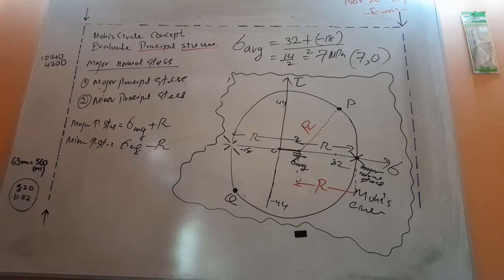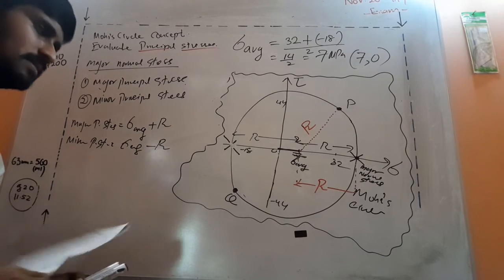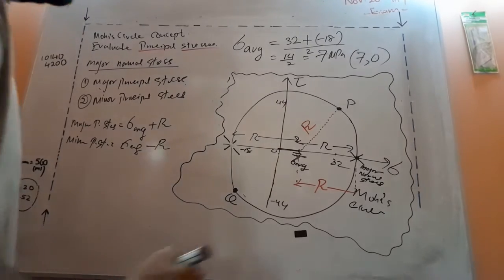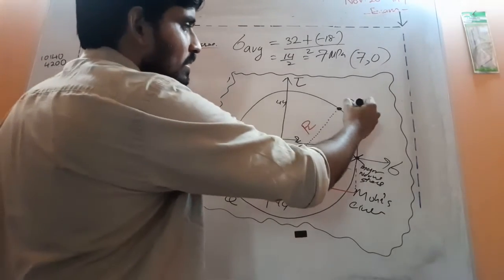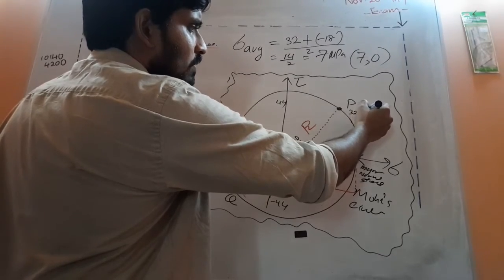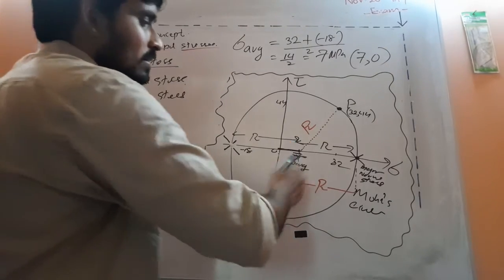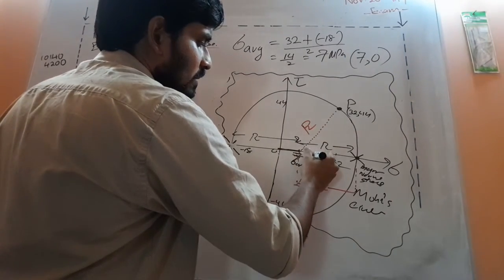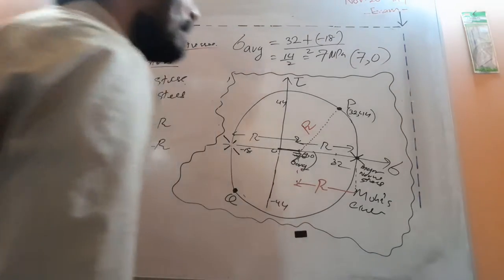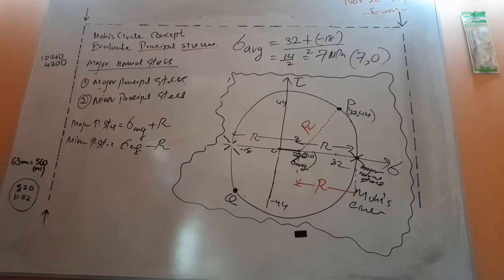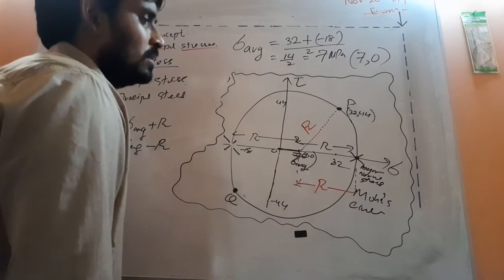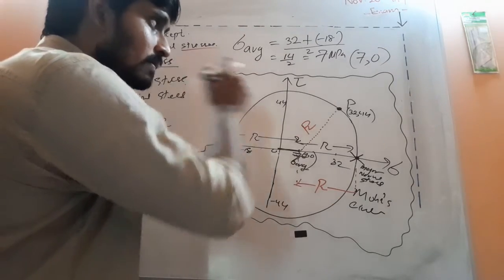So now let's see how to find the radius. Do you know how to find the radius? I will help you. Simple basics. Now you know this coordinate. What is this coordinate? 32, 44. What is this coordinate? 7, 0. Right? Okay. So then what is this length?